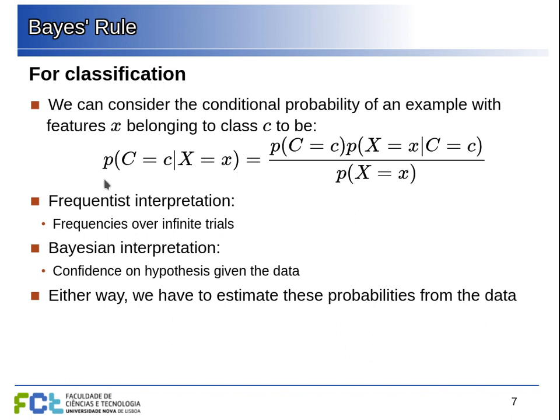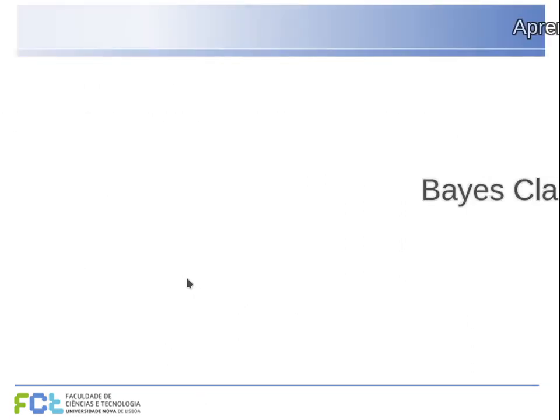Under a frequentist interpretation, this would be a bit strange, because it would imply that the example belonging to a class was a random variable, had some probabilities. And this may not be a good way of thinking about classification problems and so on. But under the Bayesian interpretation, we are measuring here the confidence that we have on the assignment of the example to that class. So we can use estimates from the data to obtain these values, and this gives us an idea to which class we should assign each example.